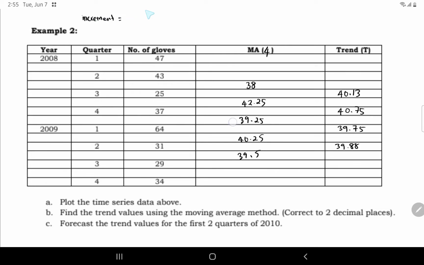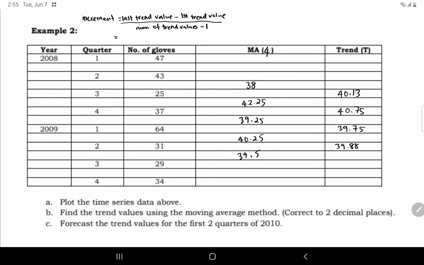is last trend value minus first trend value divide by number of trend value minus 1.